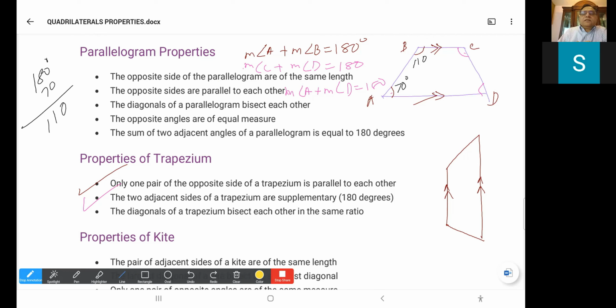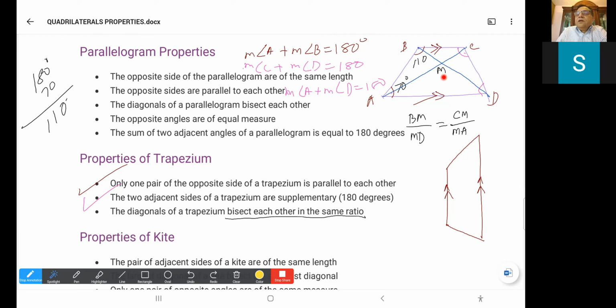Yes, sir. Diagonals of a trapezium bisect each other in the same ratio. Same ratio means what? Let's try to understand this problem. Let me draw the diagonals, okay? And let me write down the point here, let's say M. Now in that case, same ratio means BM over MD is equal to CM over MA.